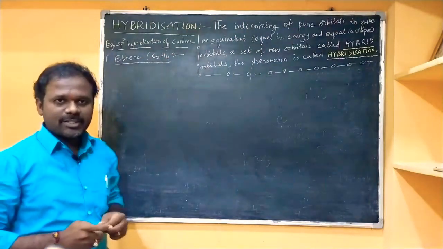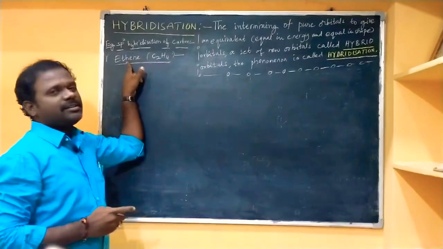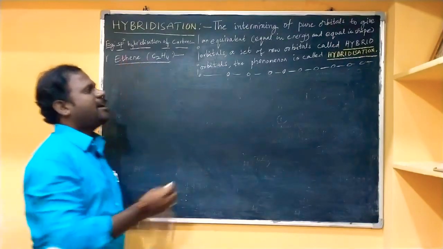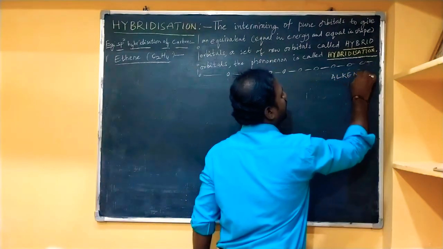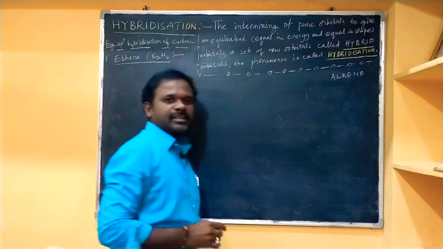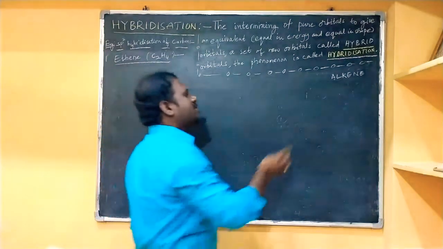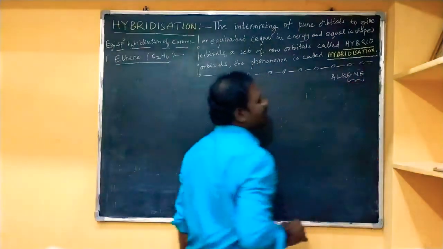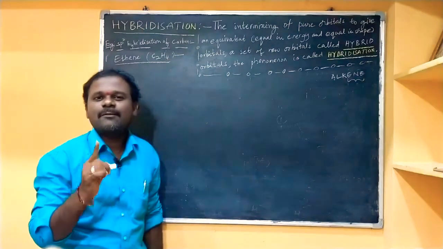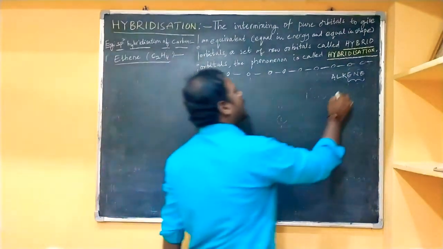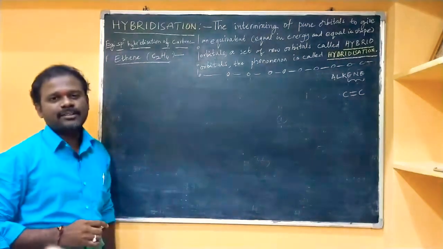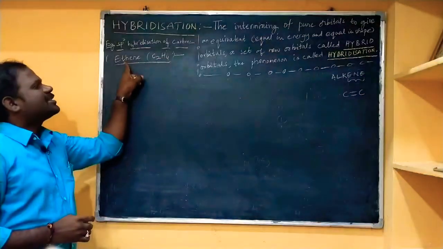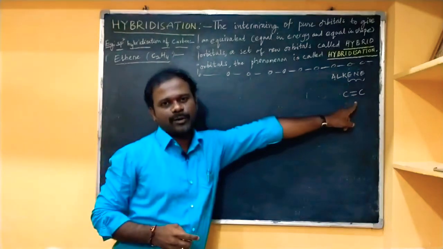In organic chemistry, ethene is one of the alkenes. The suffix "ene" represents the presence of a double bond between carbons. So we are going to discuss a molecule containing a double bond.